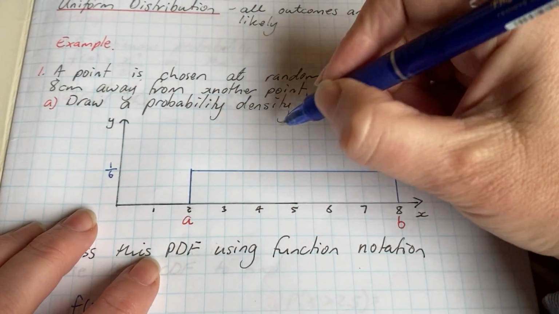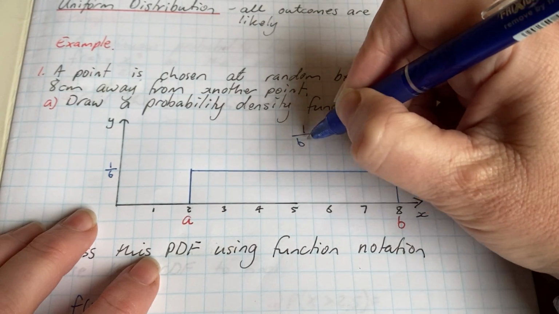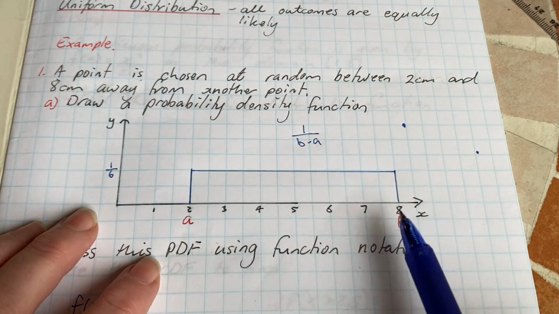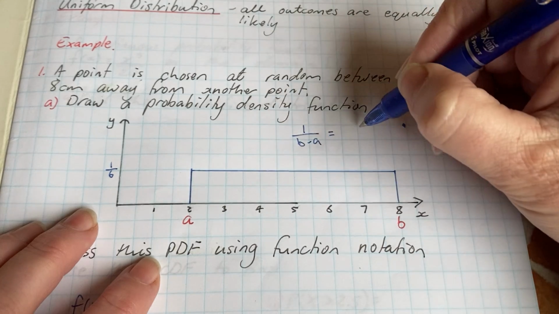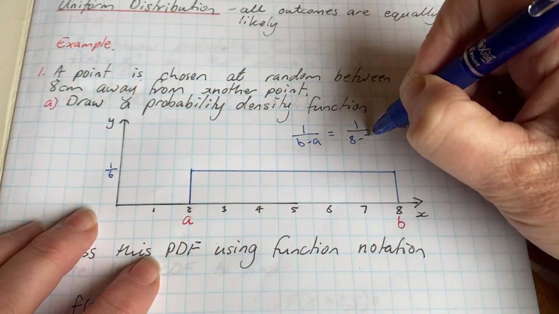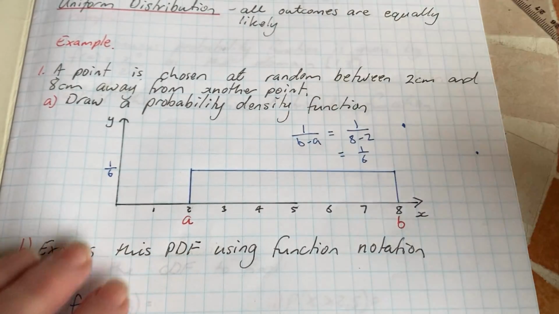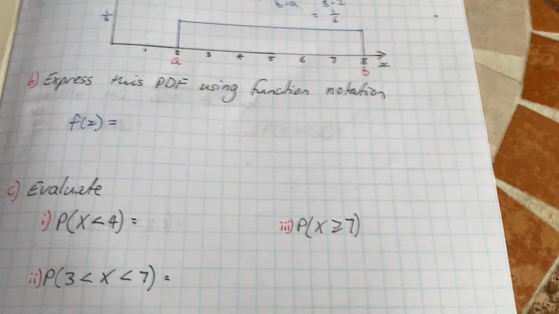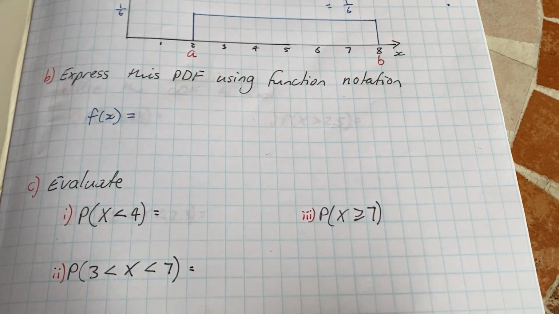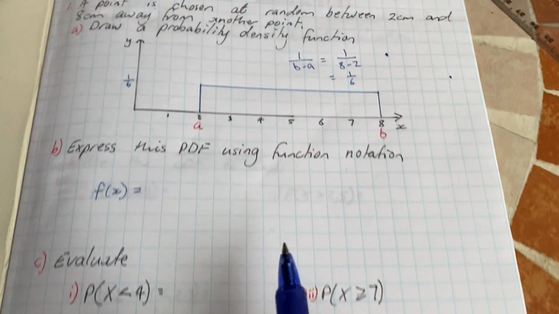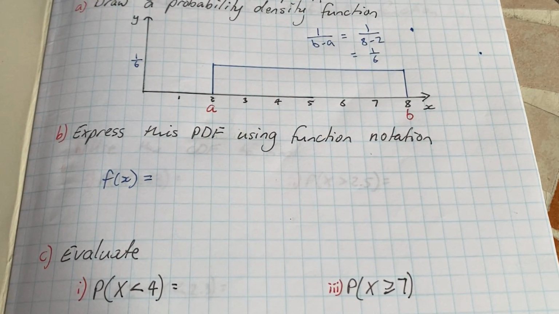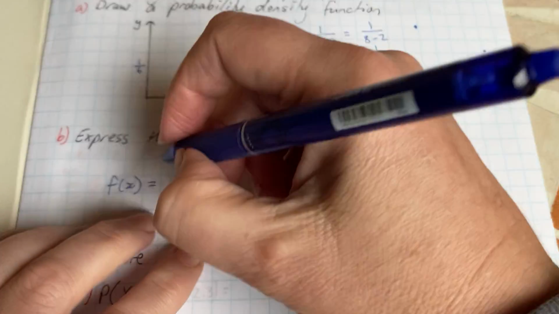And the formula is 1 over b minus a. In this case, b minus a is 8 minus 2, so 1 over 8 minus 2, which equals 1/6. Then it's very easy to find these probabilities down in part C, but let's just have a quick look at part B. We have to express this PDF in function notation.